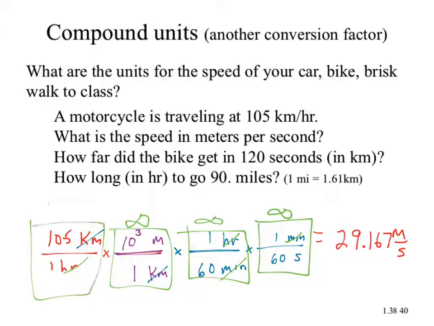First one, 3 sig figs, which means my answer needs to get reported to 3 sig figs. 29.167. The first insignificant digit is 5 or larger, so I will add 1 to the previous location, and my answer becomes 29.2 meters per second.